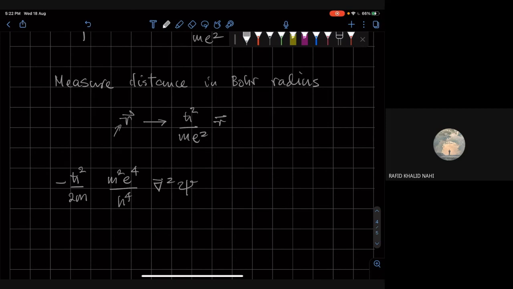And then 1 over r gives me m e squared by h squared, e squared by r of psi, and the energy gives me m e squared by 2h squared, E of psi.